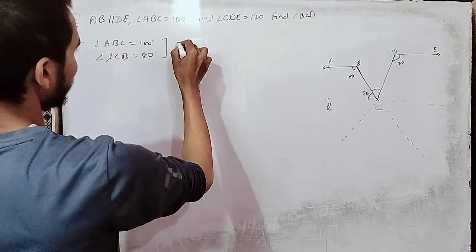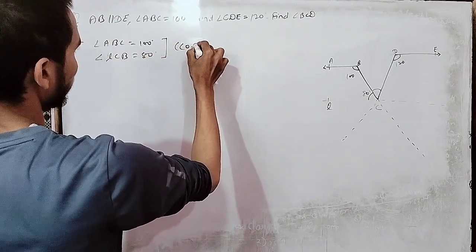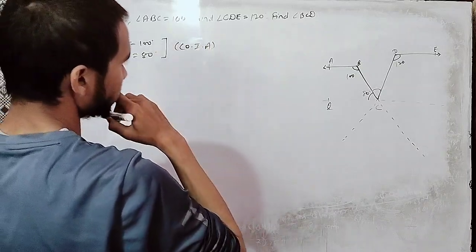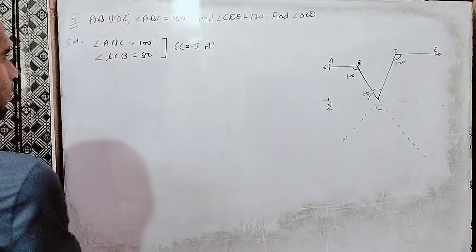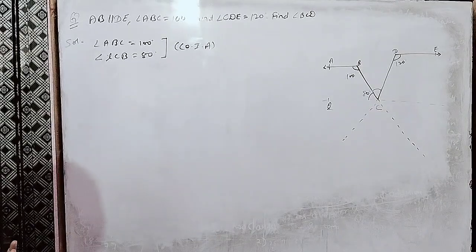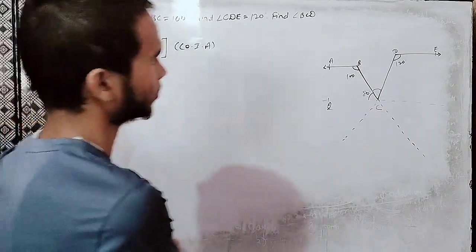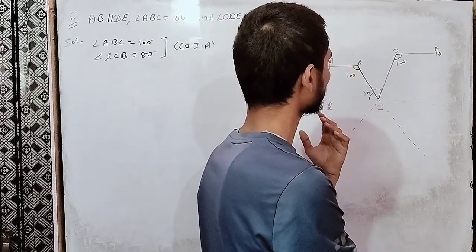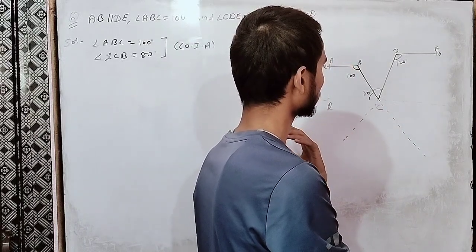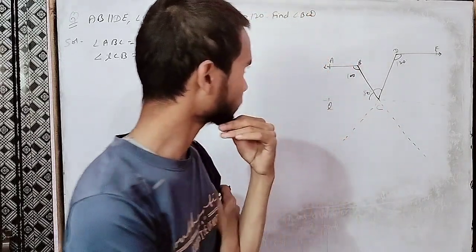The reason is co-interior angles, which means the sum of angles is 180 degree. Okay. Now what is the next point?